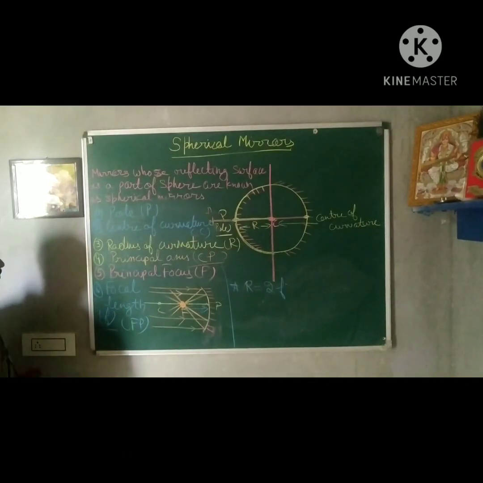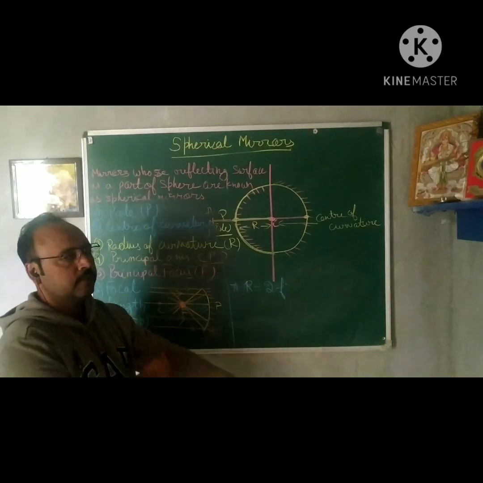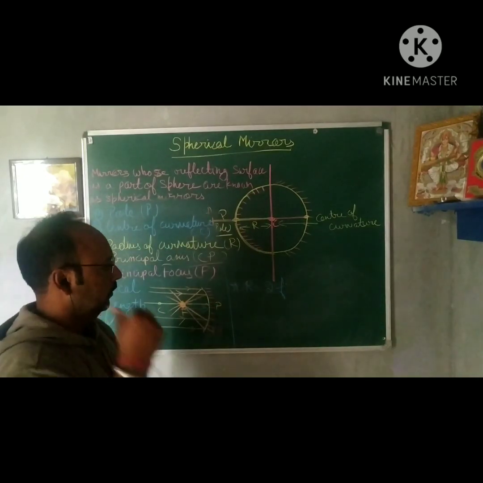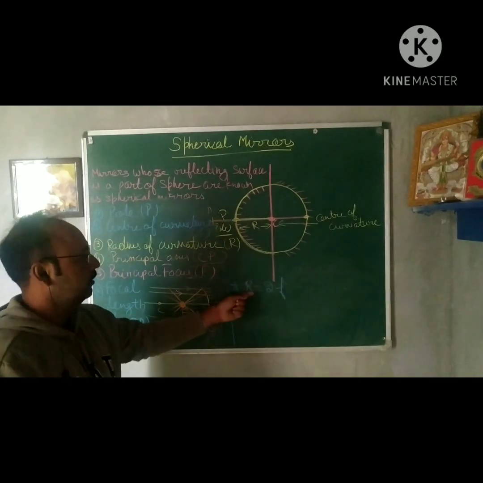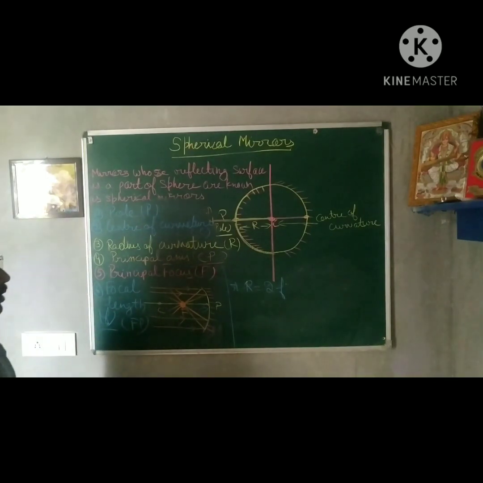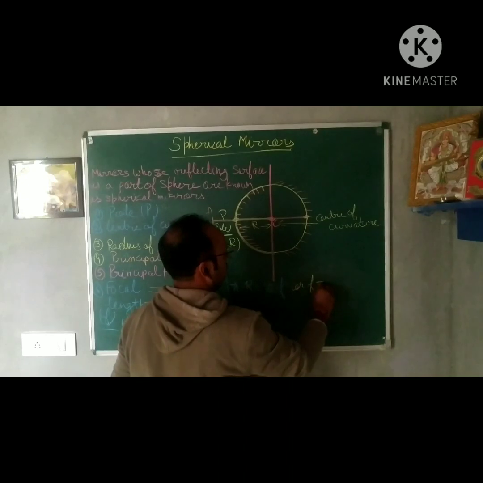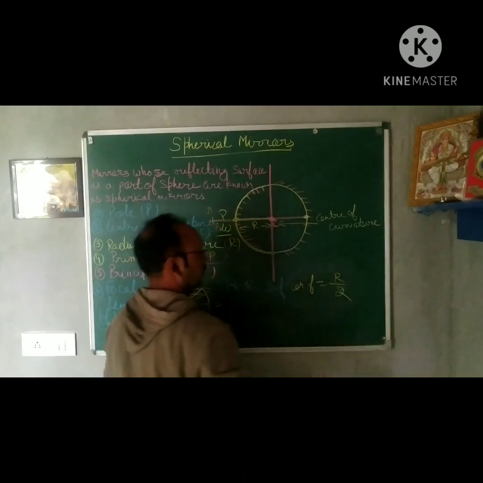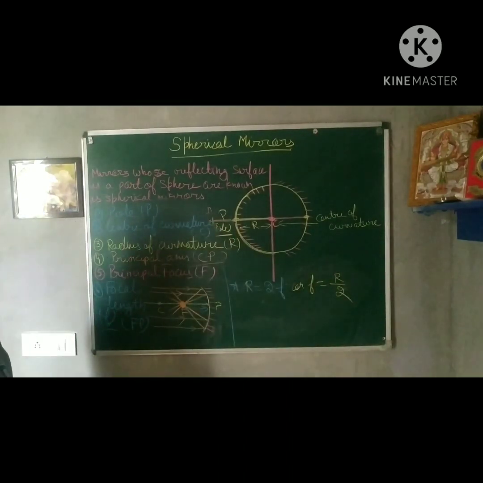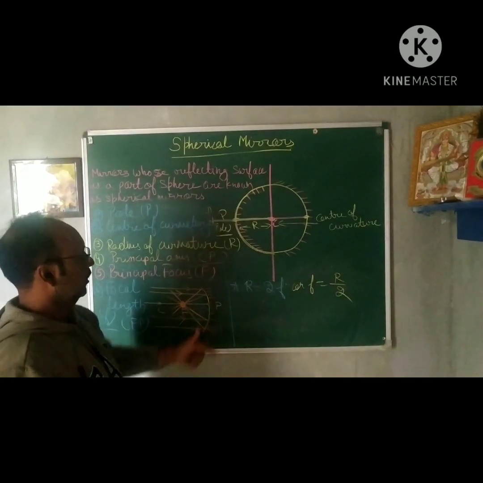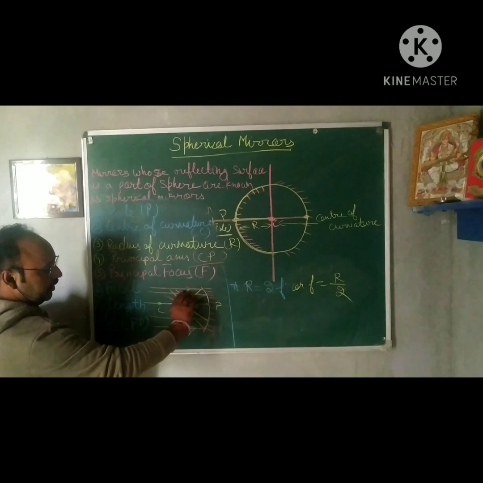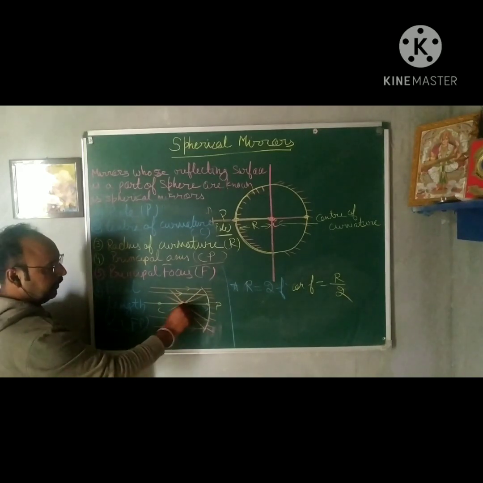Focal length is denoted by small f, so radius is always double the focal length, right? Or we can also say focal length is always half of the radius, right?